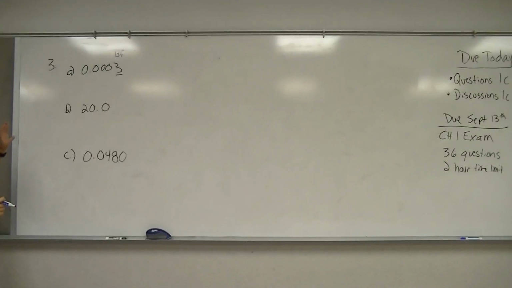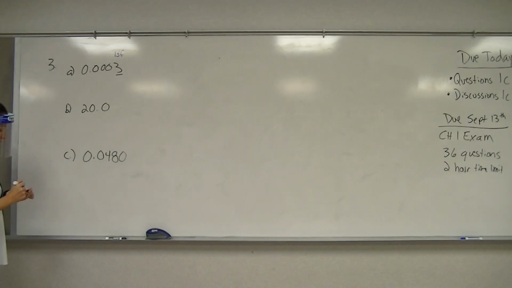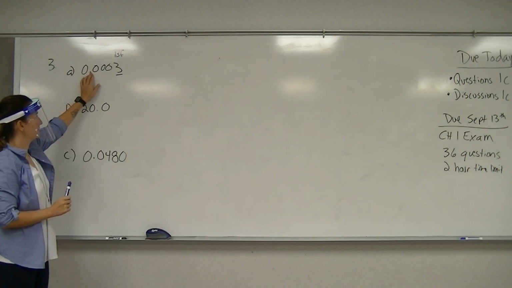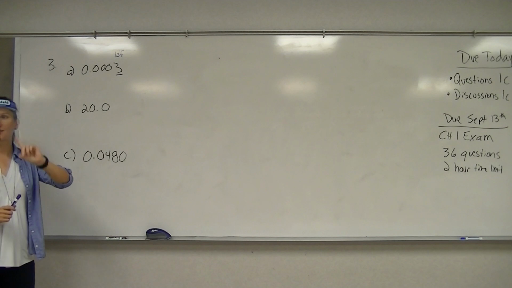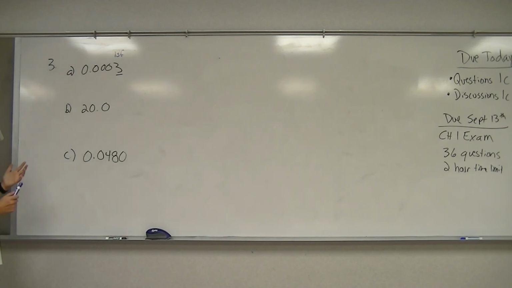All right, so once I report my answer in scientific, I want to keep just 1. So in order to do that, I'm going to need to move my decimal. And the first rule of scientific notation says that you want one non-zero number to the left of the decimal point. So where's my decimal going to go? Behind the 3, yes.